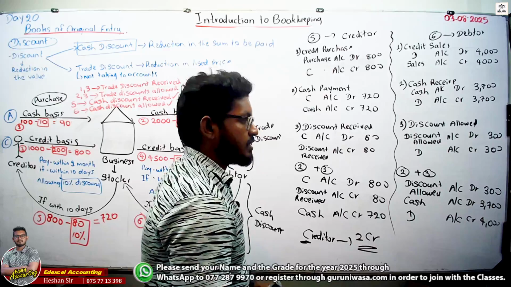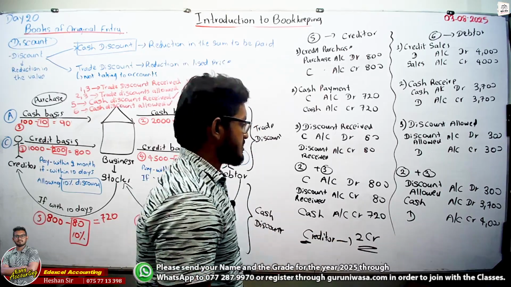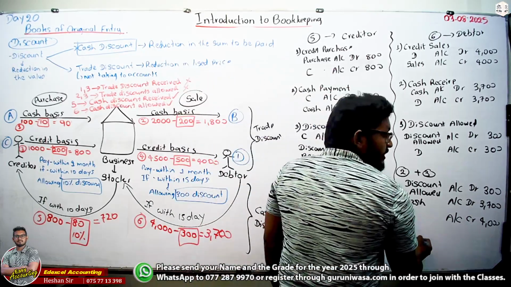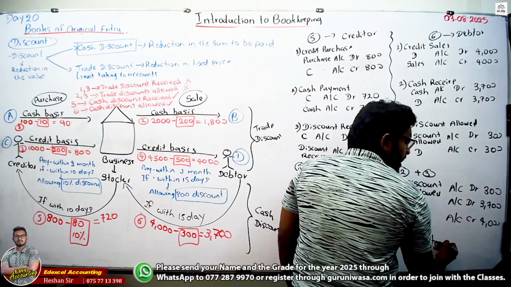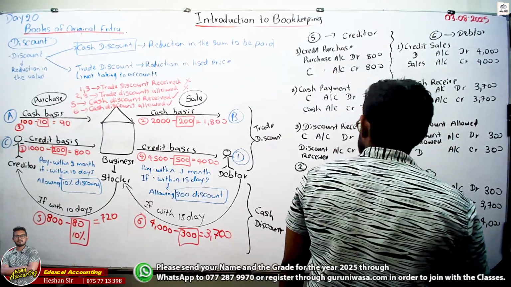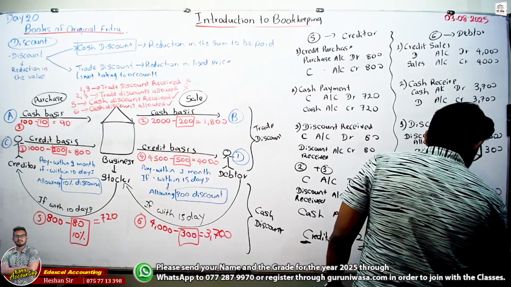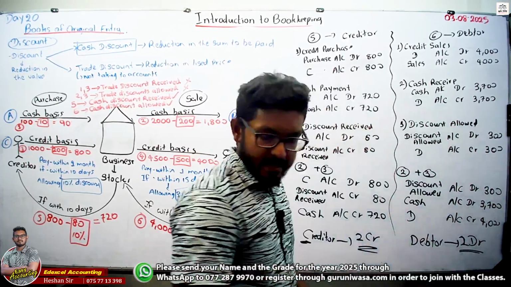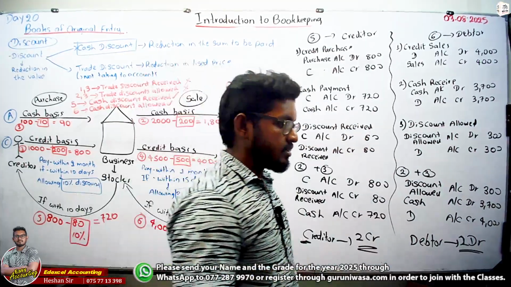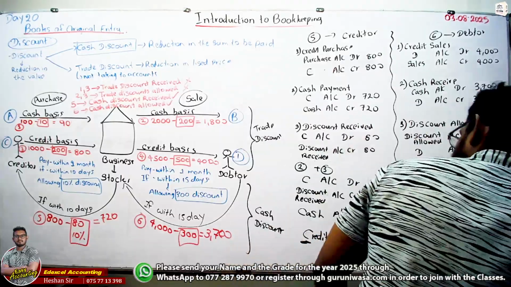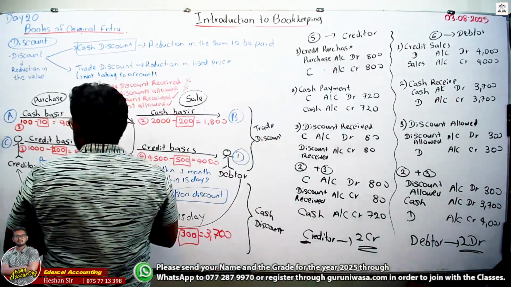Send me a thumbs up. Creditor means two credit entries, right? If it is debtor thing, I'll explain it with T accounts, then you can have a clear idea. Debtor thing, two debit entries. Now it's like this. Look here, right?